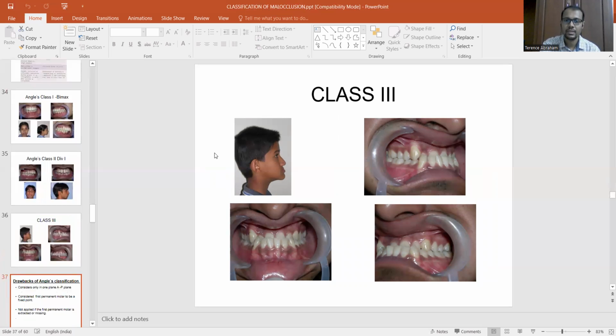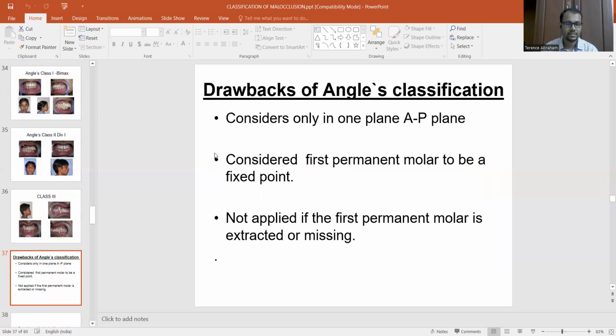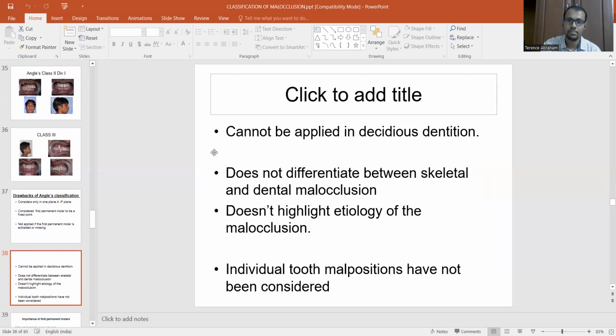What are the drawbacks of the Angle's classification? The main drawback is that we considered only the anteroposterior, or sagittal, plane. We considered the first permanent molar to be a fixed point. But in the case of a missing permanent molar, this classification is not applicable. And we cannot classify the deciduous dentition.